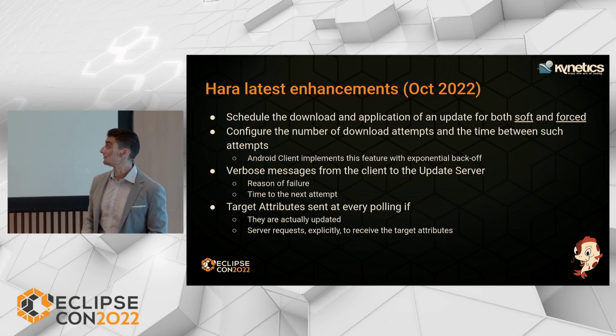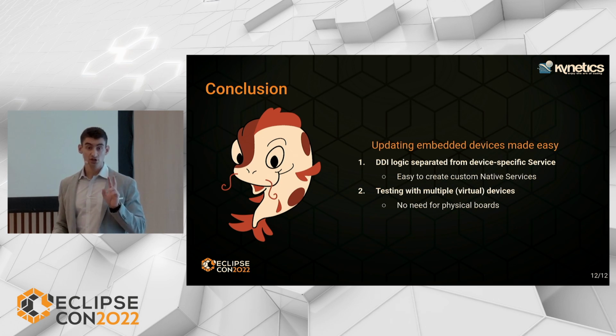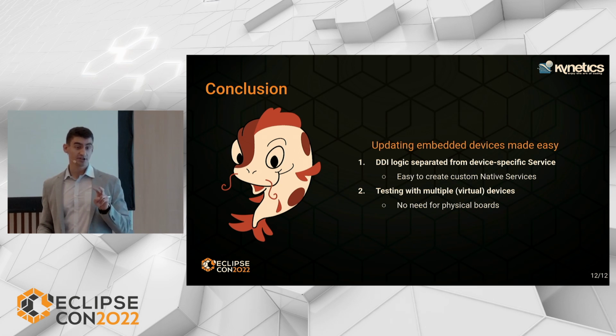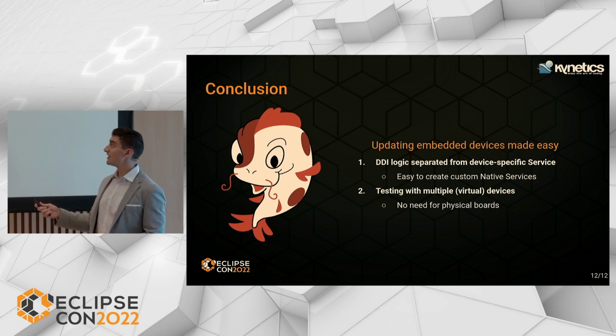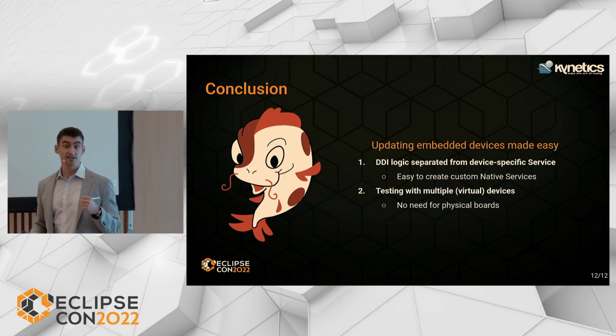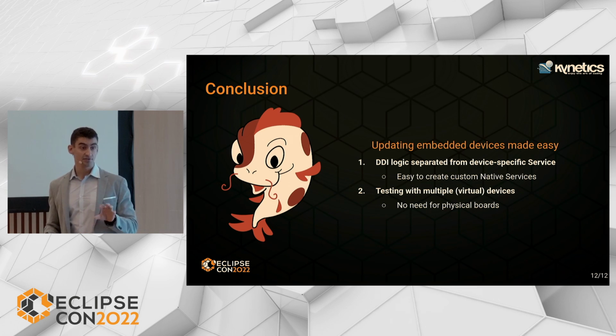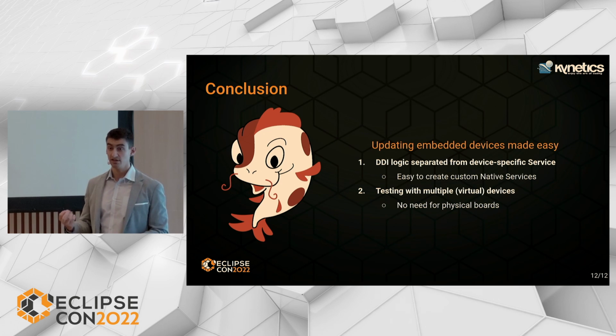So in conclusion, in this presentation, we have seen two main ways by which Eclipse Hara makes it easier for developers to update their devices using hawkBit. The first one is that, by design, by construction, it facilitates the integration of native services, so native operating-system-dependent components that update each device.